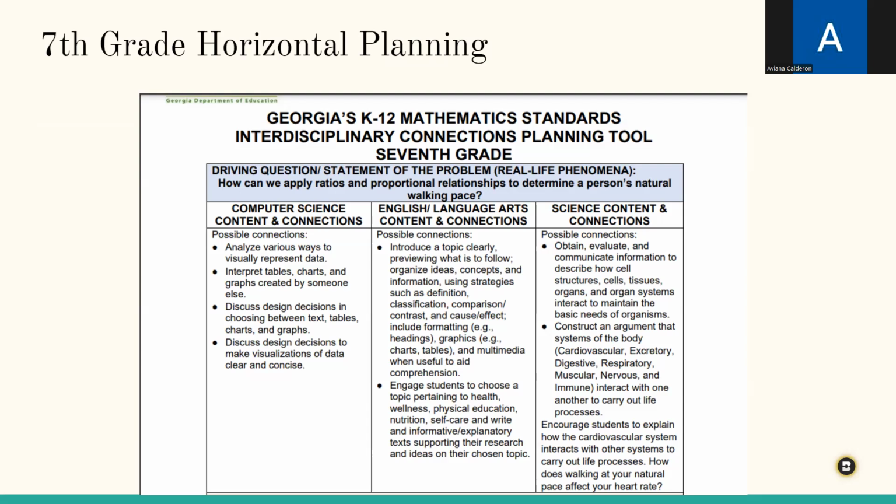The science content relates to ratios and proportions as it obtains, evaluates, and communicates information to describe how cell structures, cells, tissues, organs, and organ systems interact to maintain the basic needs of organisms. So it relates to science in how tables, graphs, and equations are all related into one, and so are these topics here that are related to science.